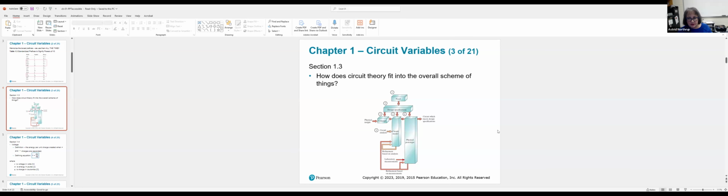We have a problem that needs to be solved. We have certain constraints put on how we can solve that problem. And then we start with the physical concept and work our way down from there. So this diagram just sort of brings that into a schematic that you can take a look at and see kind of what we're talking about. But we always start with what we need.